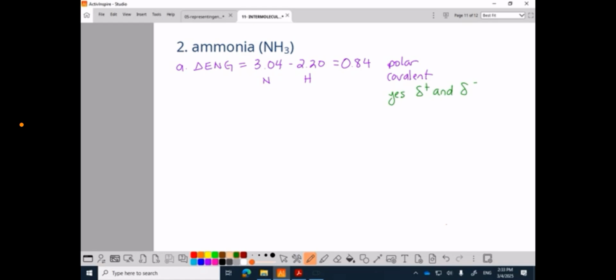And really, if you forget how to draw the Lewis structure, you could do part C with this information only. You don't actually need the Lewis structure to do the intermolecular force. So try to get marks where you can.